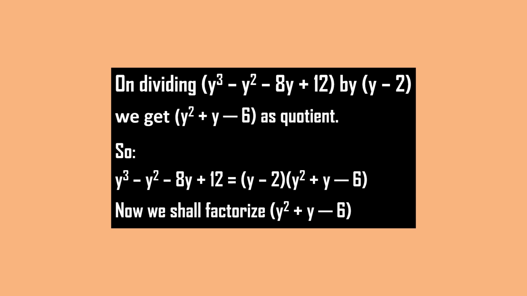So y^3 minus y^2 minus 8y plus 12 is y minus 2 into y^2 plus y minus 6. Now we can factorize y^2 plus y minus 6. But before that, we will see another method by which we can factorize this expression.